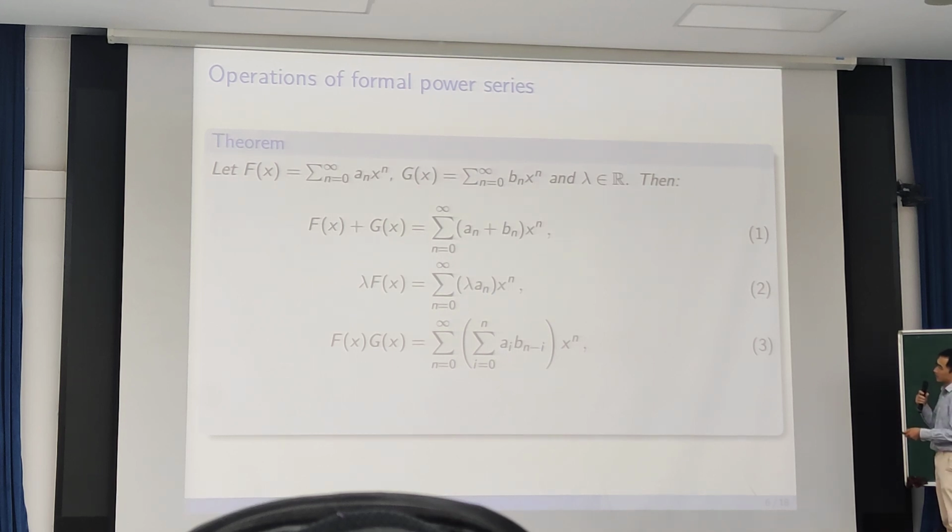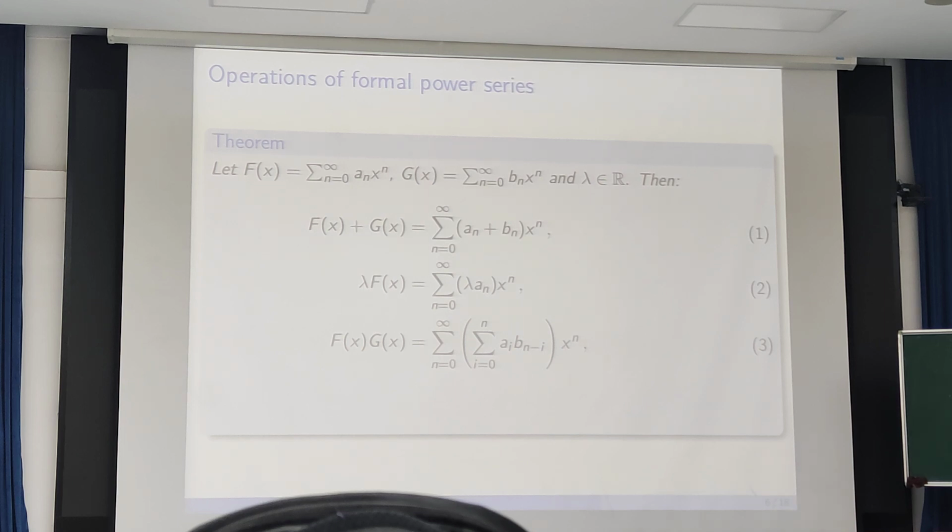But even if the notation is a little complicated with a lot of indices here, it is in fact simple. It is the same as when you multiply two polynomials, except that here, instead of polynomials, you have infinite sums. But the principle is the same.